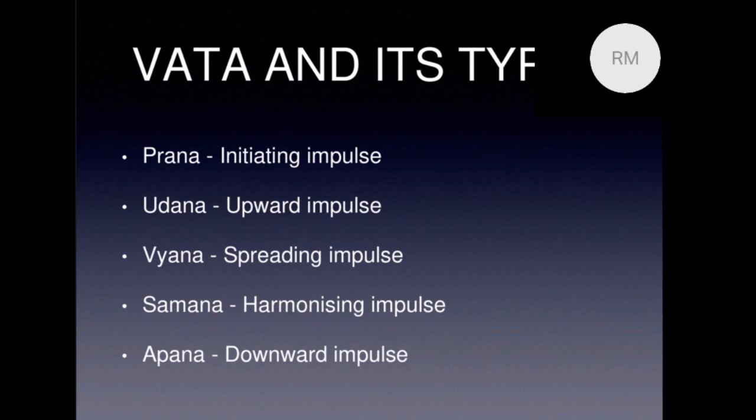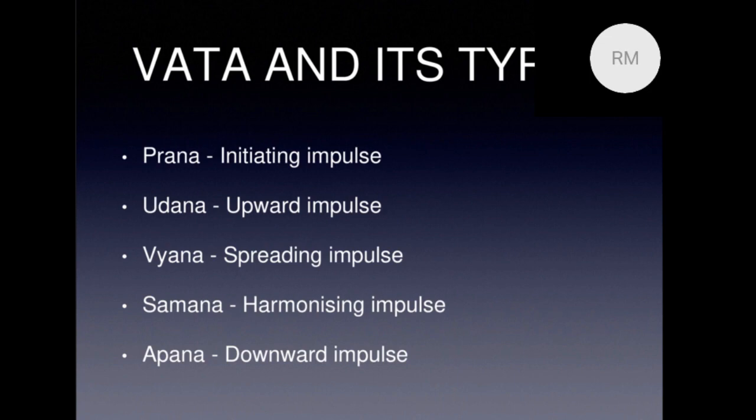When you look at it functionally, the order of the 5 vatas is slightly different. First comes prana. So this is the structural alignment in the body where you can see these 5 vatas dominating. But when you look at their functional expression, the order is prana, samana, udana, vyana, and apana.